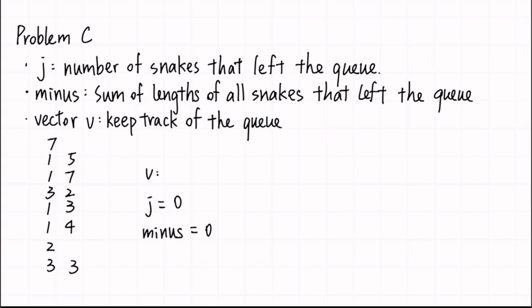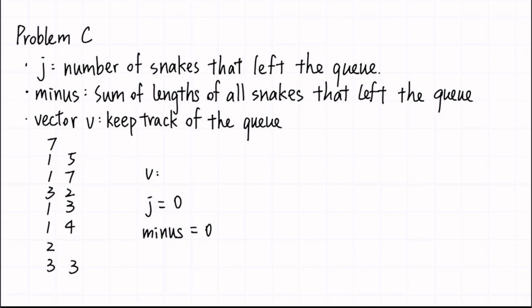And let's look at an example for this sample input. So initially, we get a type 1 query that adds a snake of length 5 into our queue.